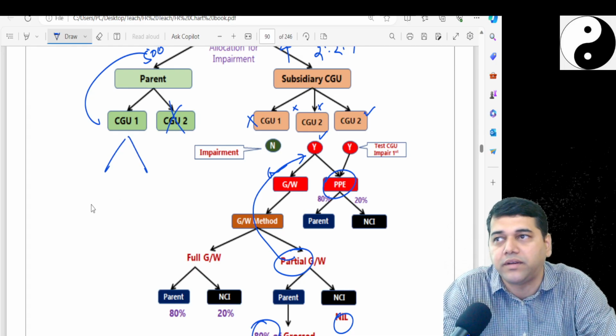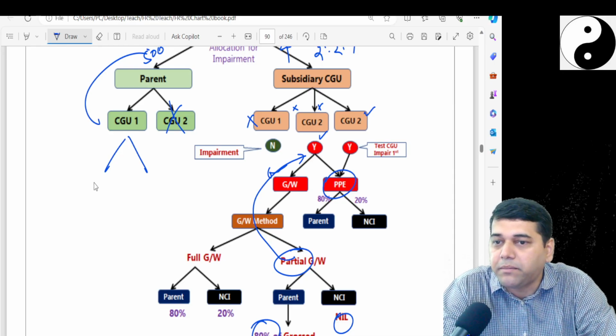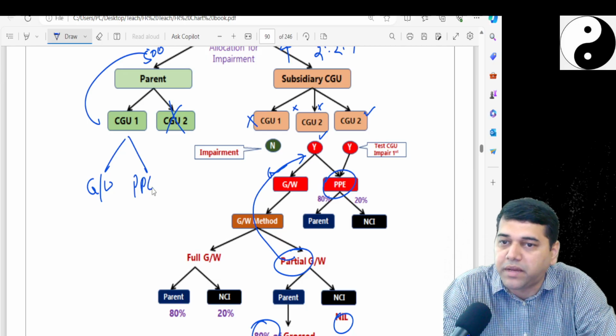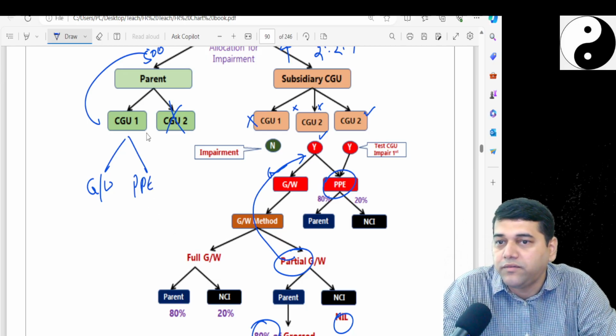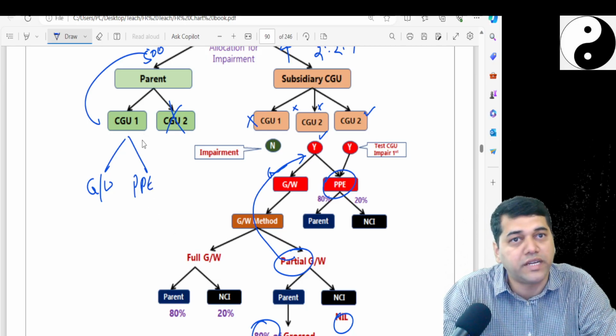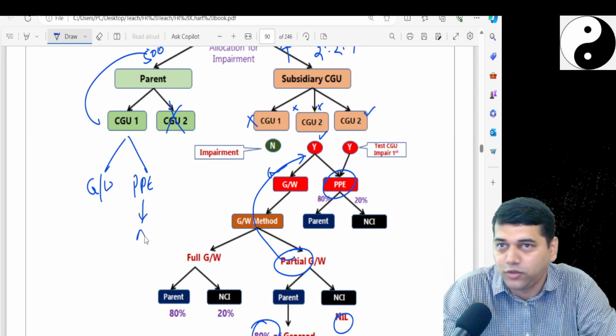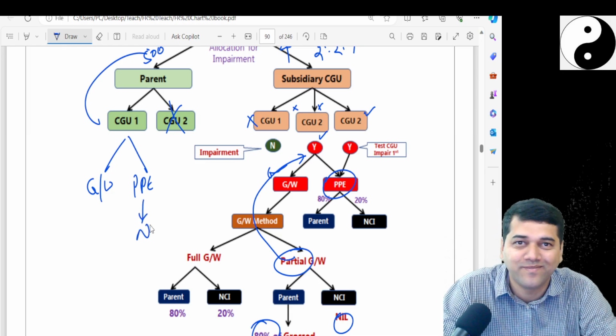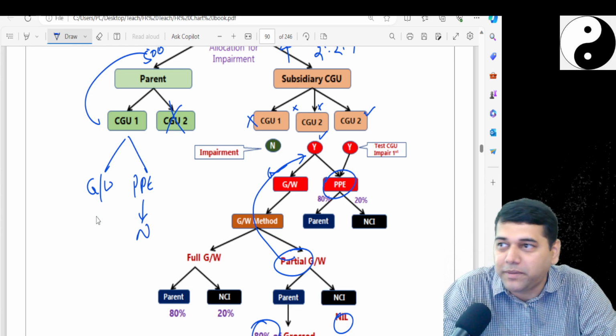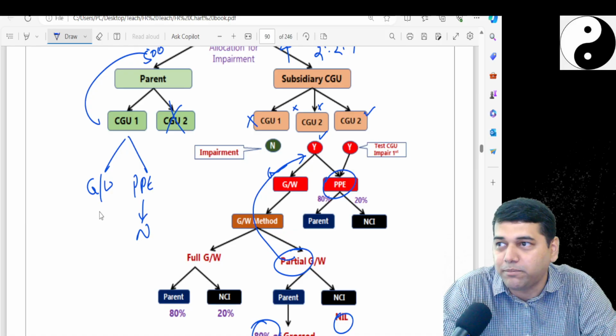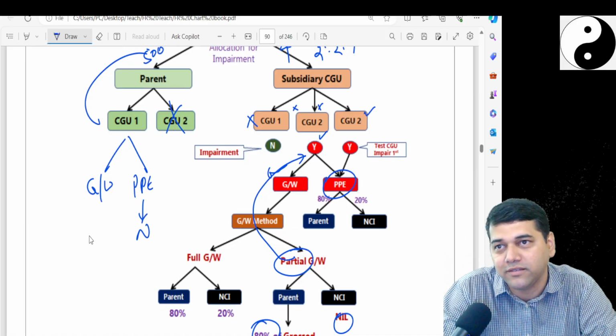There is an impairment, and in this impairment there is a goodwill impairment and a PP impairment. When the CGU of the parent is going to get impaired, will you distribute anything to the NCI? No. Very good. Understood? And when the goodwill allocated to the parent gets impaired, will you distribute anything to the NCI?